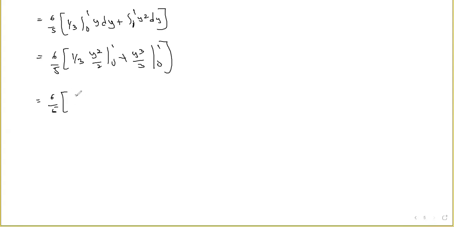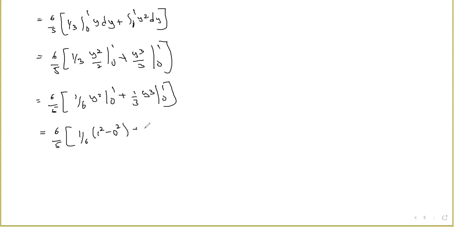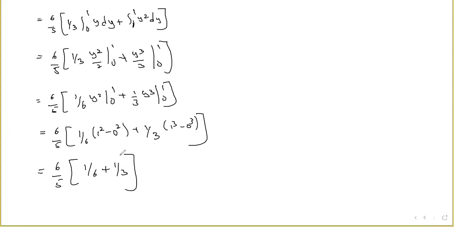6 by 5, this is 1 by 6 y square 0 to 1 plus 1 by 3 y cube, it is already 0 to 1. So 6 by 5 1 by 6 1 square minus 0 square plus 1 by 3 1 cube minus 0 cube. 6 by 5, it is 1 by 6 plus 1 by 3. Right.